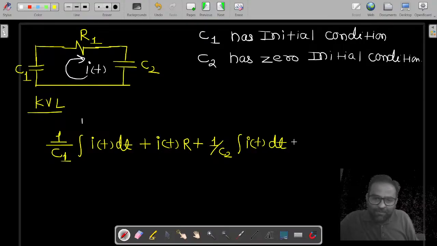So we have applied one KVL. I hope everyone is aware of the KVL. So can I say this is an integro-differential equation.